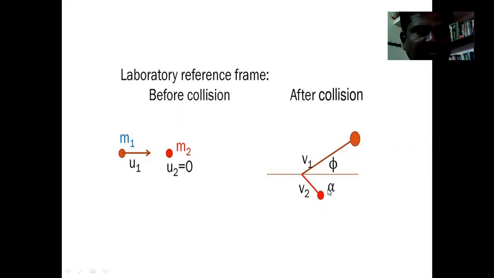These two make certain angles with the direction of the initial one.